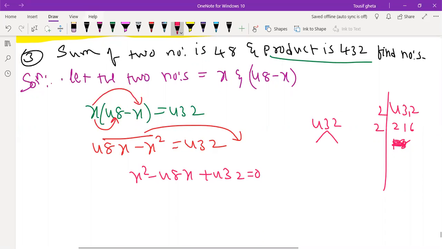You can't take 2 digits. So what will you take? 108.